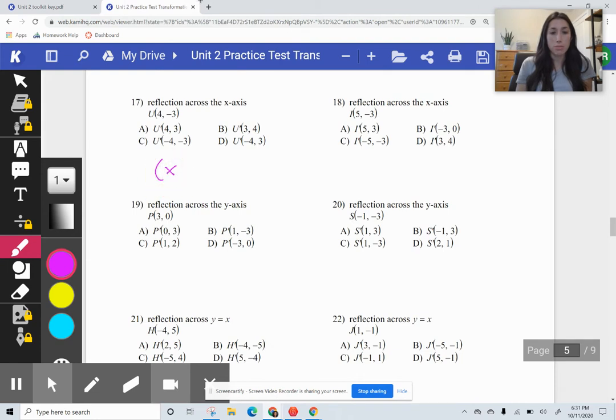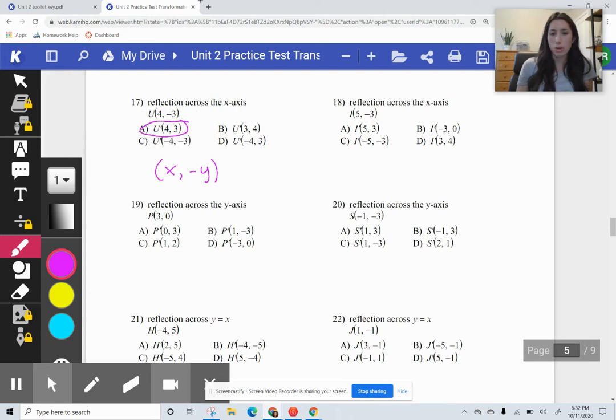X stays the same essentially, and y is being multiplied by a negative. So if we look at our coordinate here, the 4 is going to stay the same, and our -3 is going to become a +3. So we can just write that out as, I'll just circle my answer, (4, 3). So x stays the same, and our y changes signs essentially. So this will be our answer here.